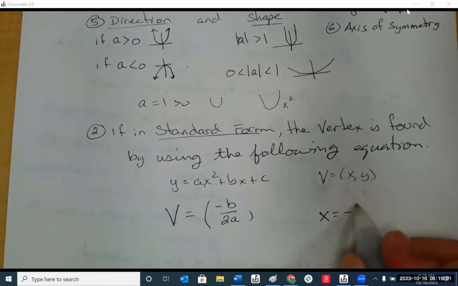So it's negative 10 over 2, which is negative 5. So we plug negative 5 into the equation, x squared plus 10x plus 23.